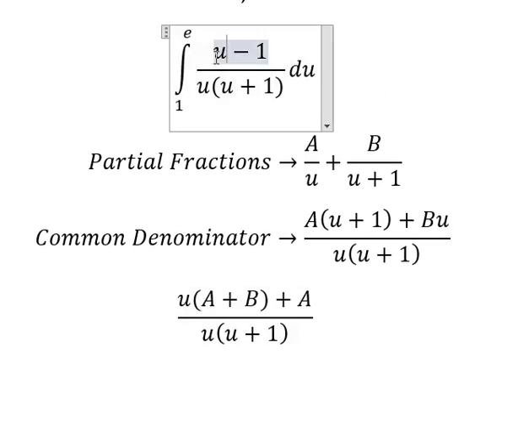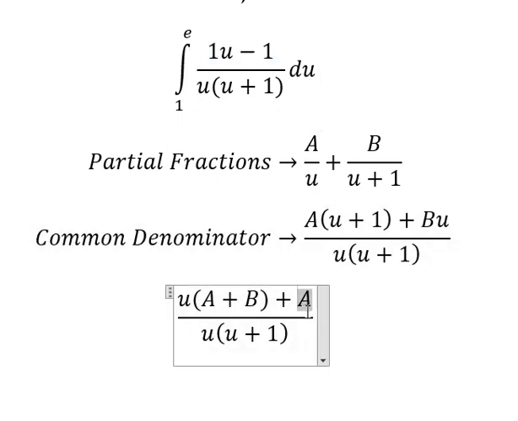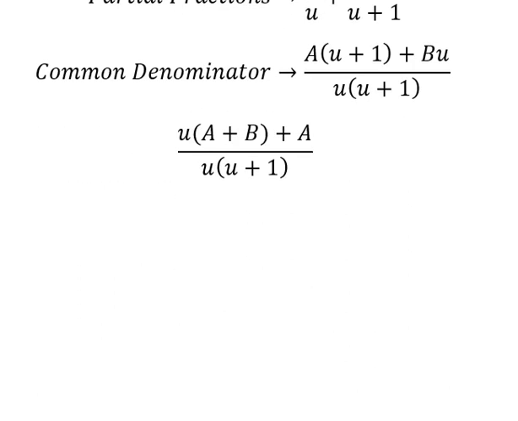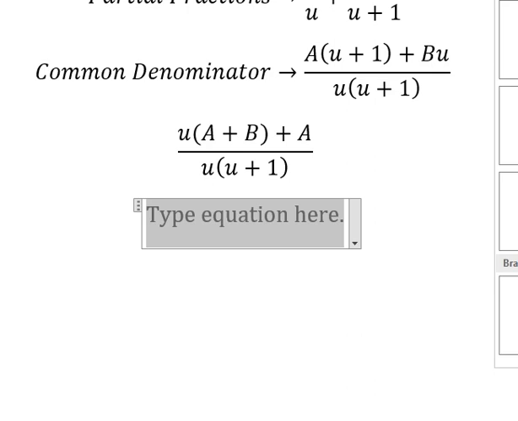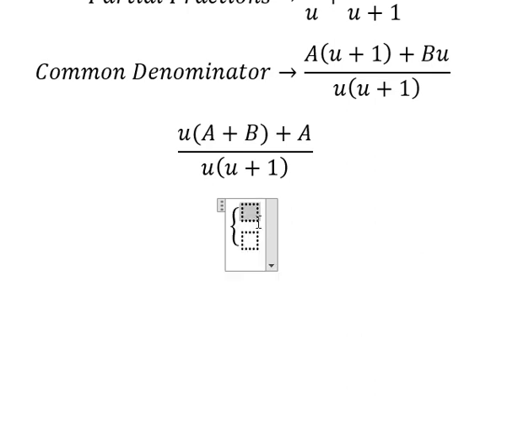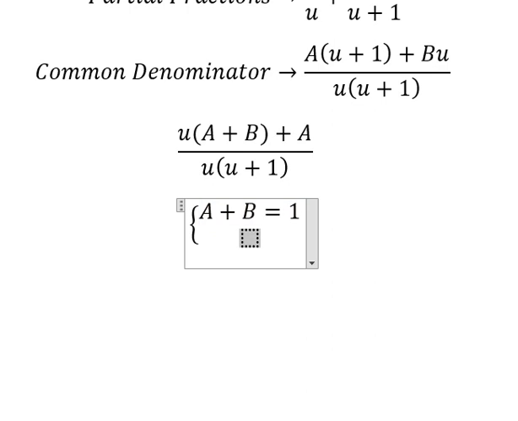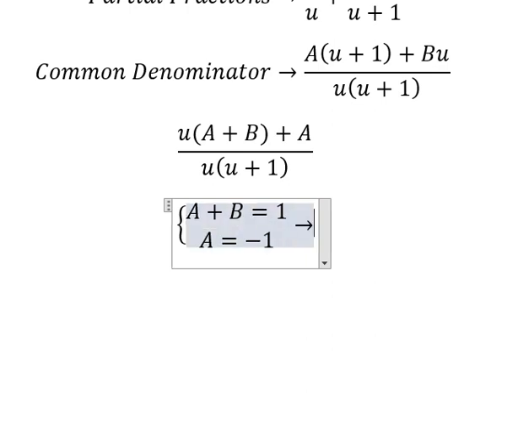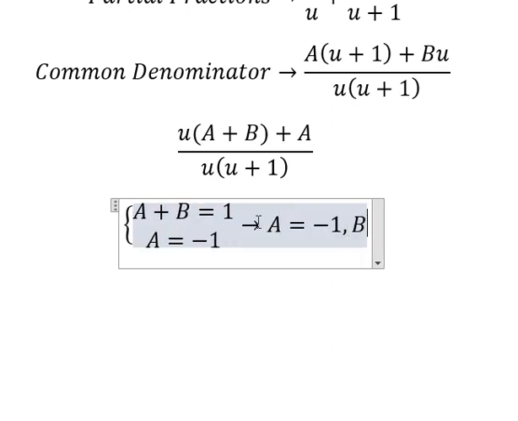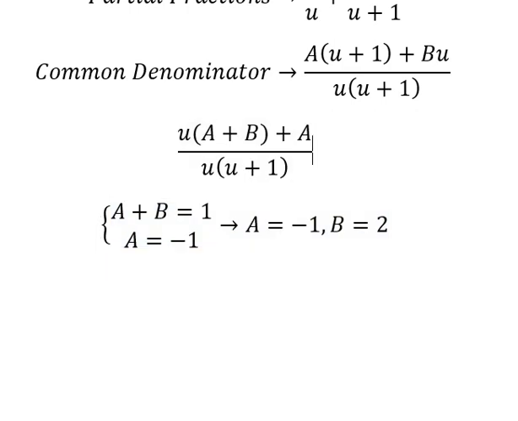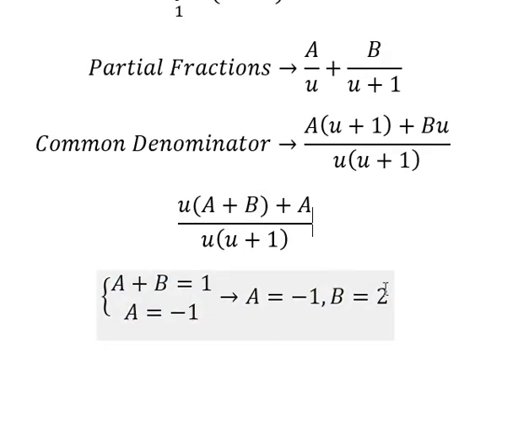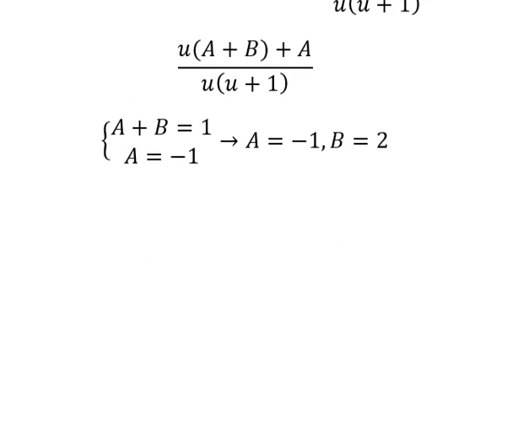About u, we have number 1, so A plus B equals number 1. We have A, so A equals negative number 1. And now we create the system of equations. So A equals negative number 1, B equals number 2. And now we put negative number 1 and number 2 in here.